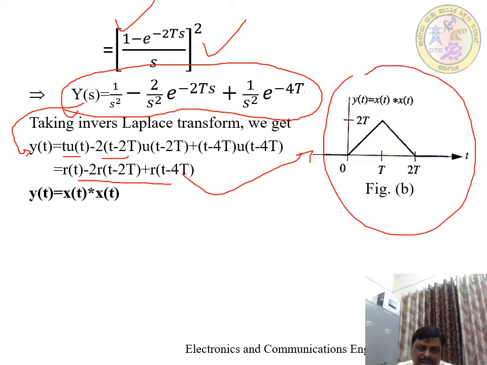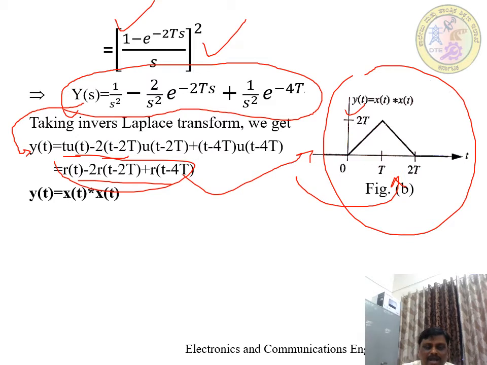That is r of t minus the delayed ramp function, its magnitude is 2. Here r of t minus 2 r of t minus 2 plus r of t minus 4. If I do this addition operation, then I am getting this function.